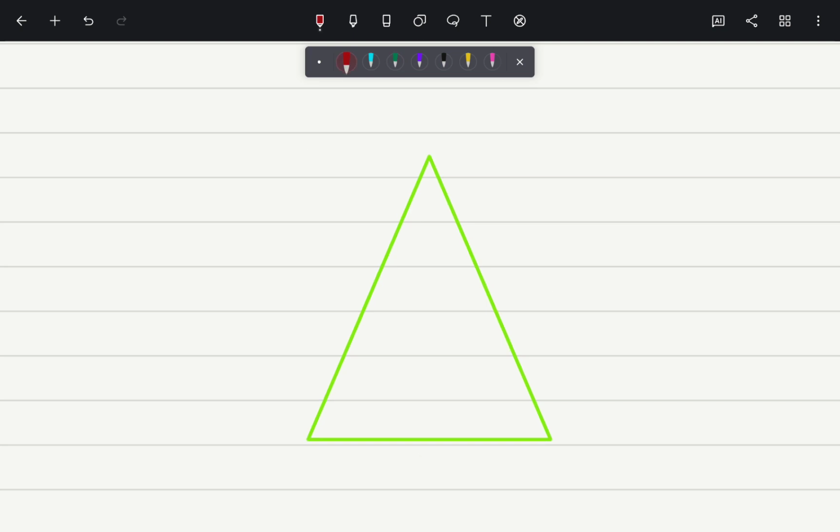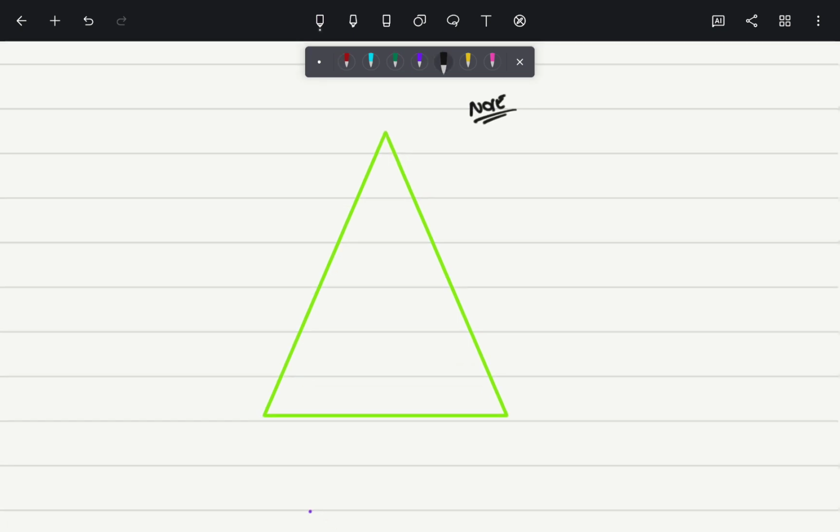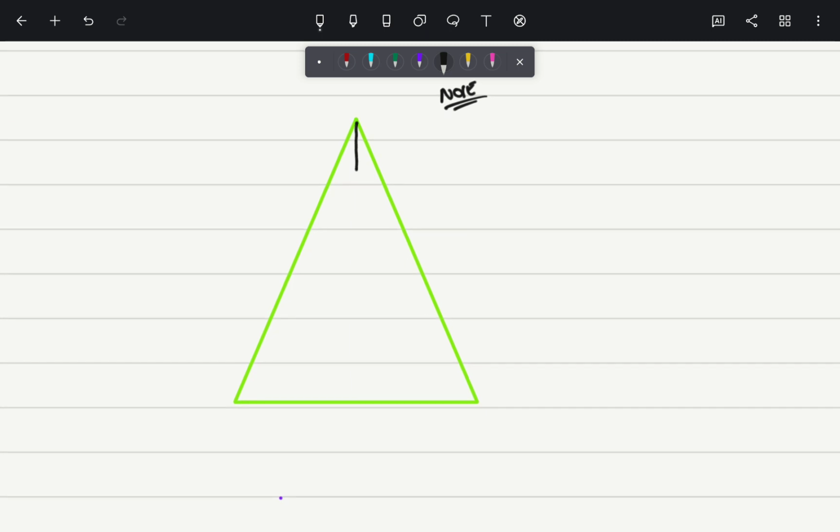So this here is our nose, and everyone knows that in the midline there is a septum. This septum here is called your nasal septum.